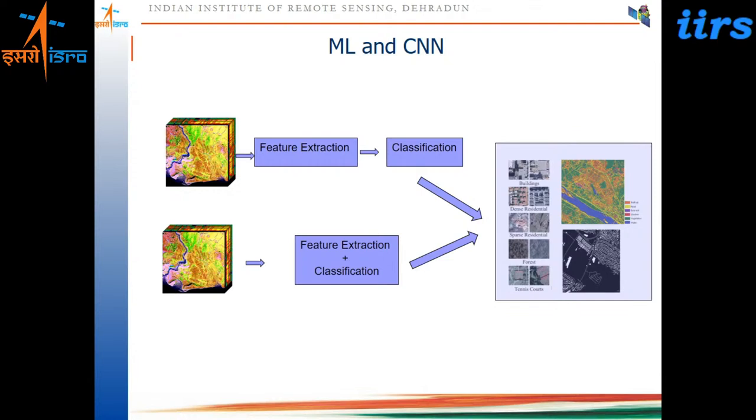For example, here we have an example of different types of built-up areas presented in individual image chips. We have buildings where individual buildings are there, and there are also multiple instances of buildings in an image.